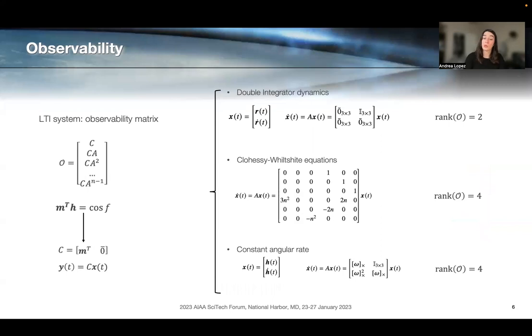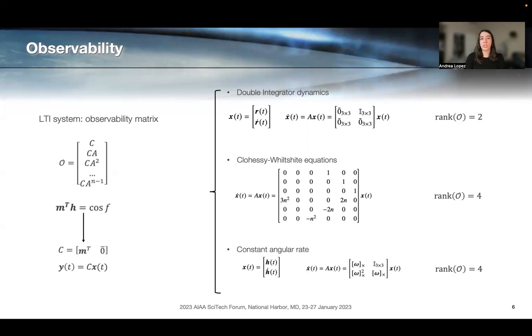In previous work, we were considering a static target, and in this case, we wanted to extend it to a target that is moving in a simple motion with respect to the observer spacecraft. One of the first steps was to look at a linear time invariant system and look at the observability of the system with the measurement model that we mentioned before, with that geometric relationship between the heading and the target object.